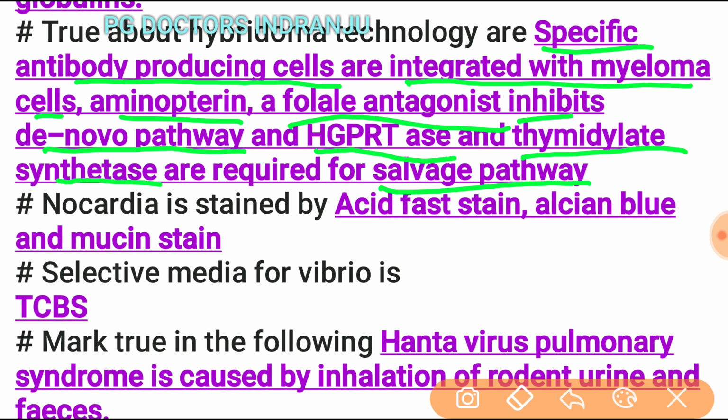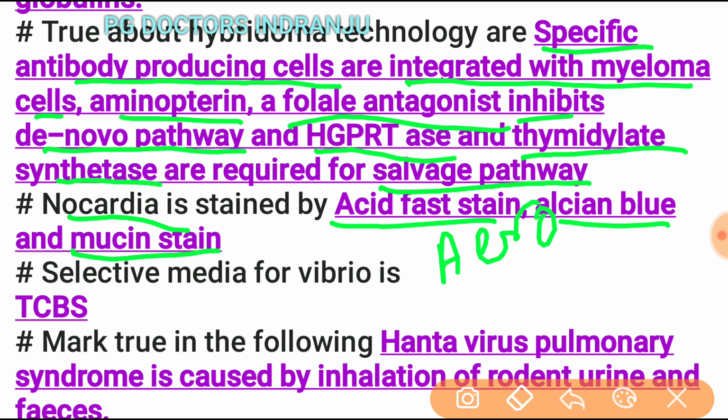Nocardia is stained by acid-fast stain, Alcian blue, and mucin stain. Nocardia is a strict aerobe, and it is acid fast, and also catalase positive.